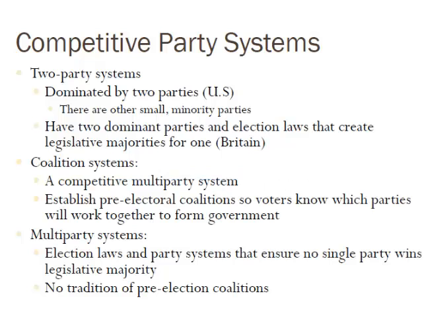In other words, you have many different parties that are going to be part of the government, and they establish pre-electoral coalitions so voters know which parties will work together to form the government. In Israel, for example, you need a coalition of parties that equal 61 seats altogether in order to form a government. That might be the Likud party and the Bayit HaYehudi party and, what do they have now, the Yesh Atid party and a few other parties that form the coalition. But again, that can change dramatically.